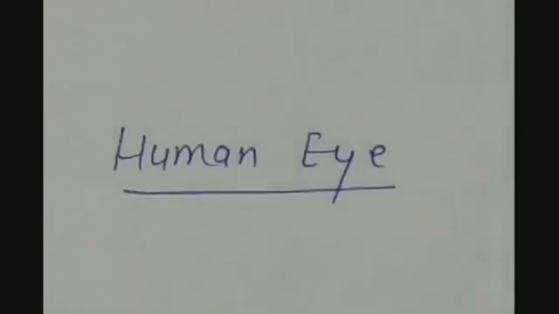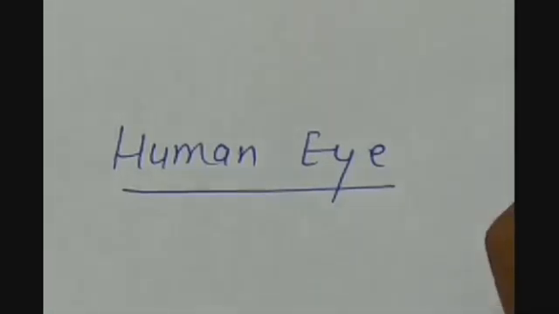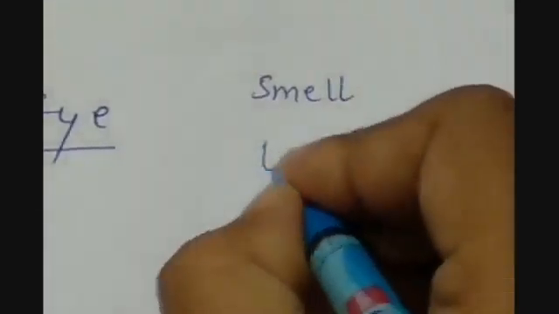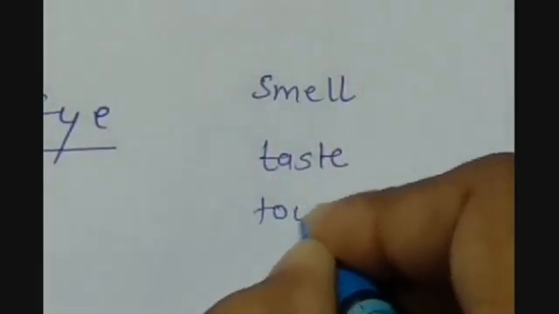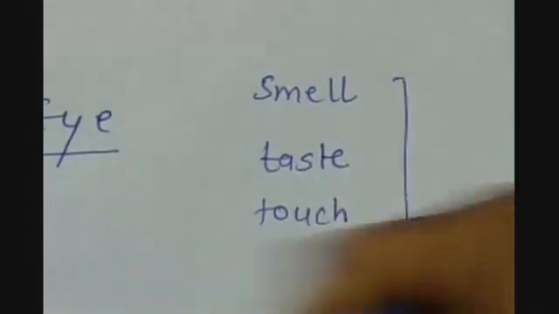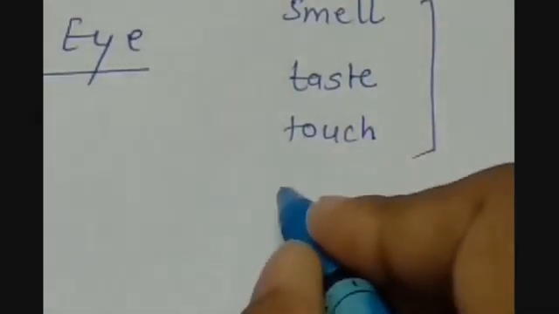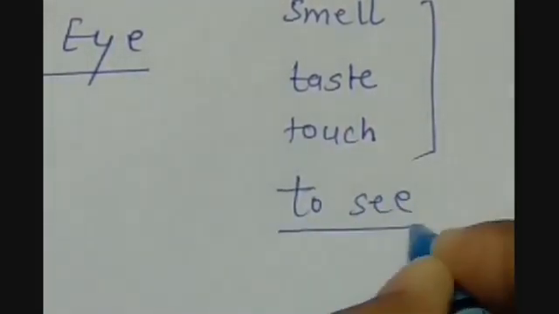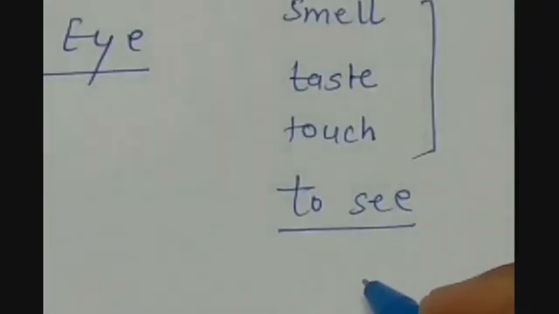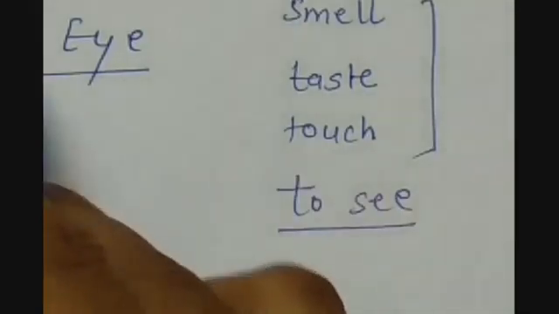The first topic that we have to study today is human eye. As you all know that human eye is the most important part of our body, because with the help of many of the sense organs that we have, we can smell, taste, touch, but along with that, the one thing which is very important is to see or to observe the colors, to observe this beautiful world with the help of human eye.